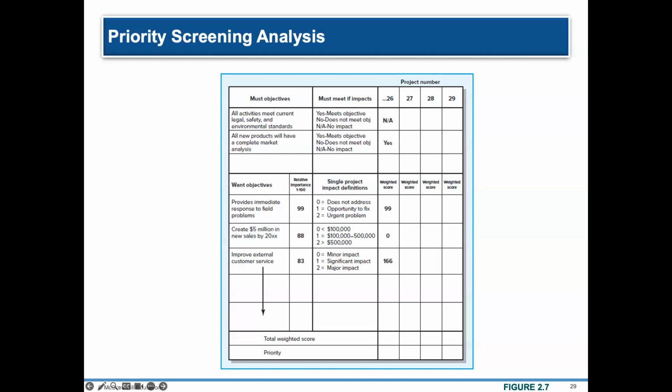So you have to also see if this particular nice to have or additional benefit from this project addresses a certain problem, if it is an opportunity to fix a current problem, or this is an urgent problem that needs to be solved.